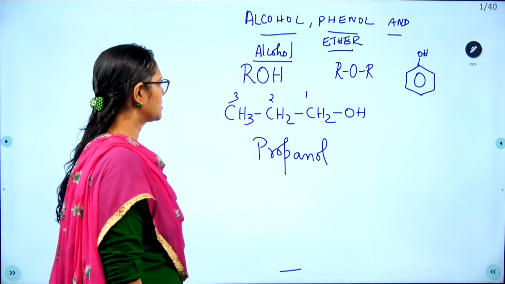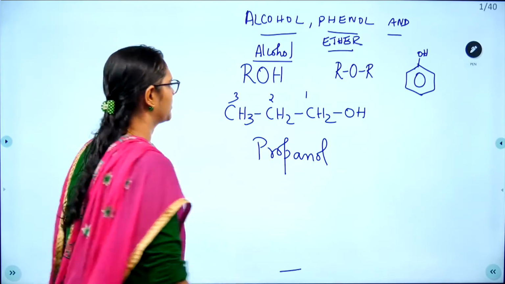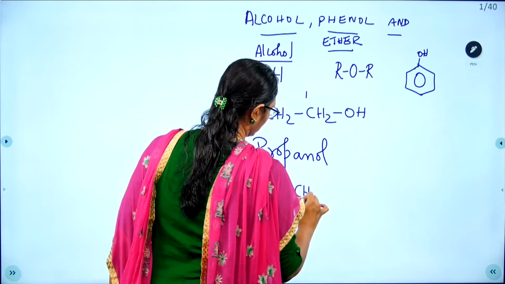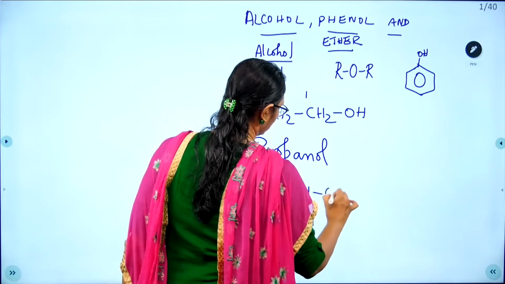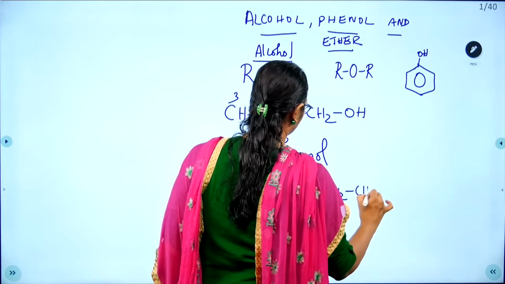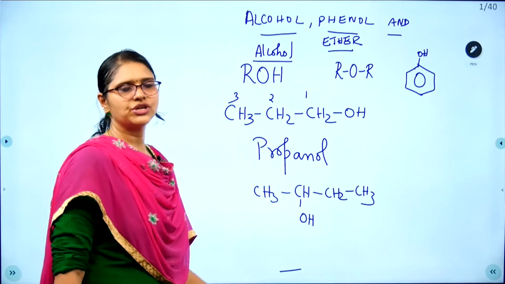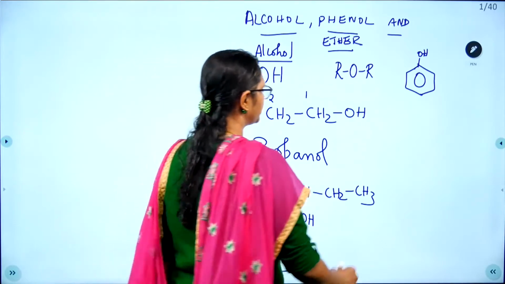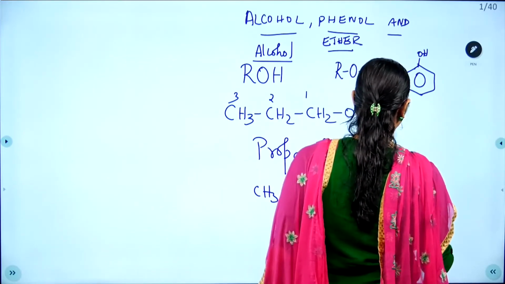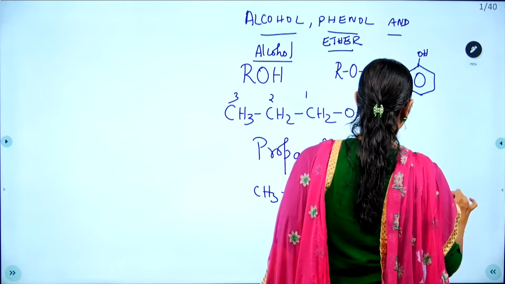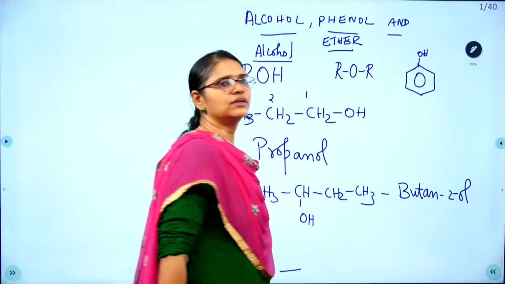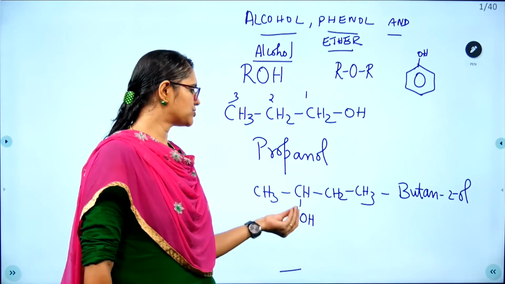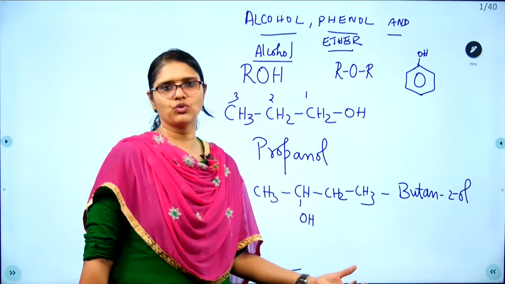Next, the longest carbon chain is 4 and OH is attached to the second position, so it is butan-2-ol.